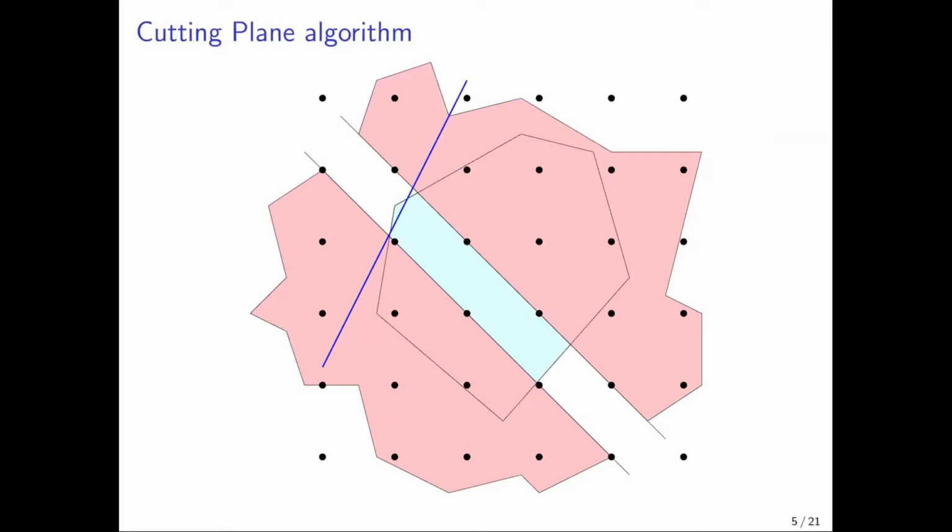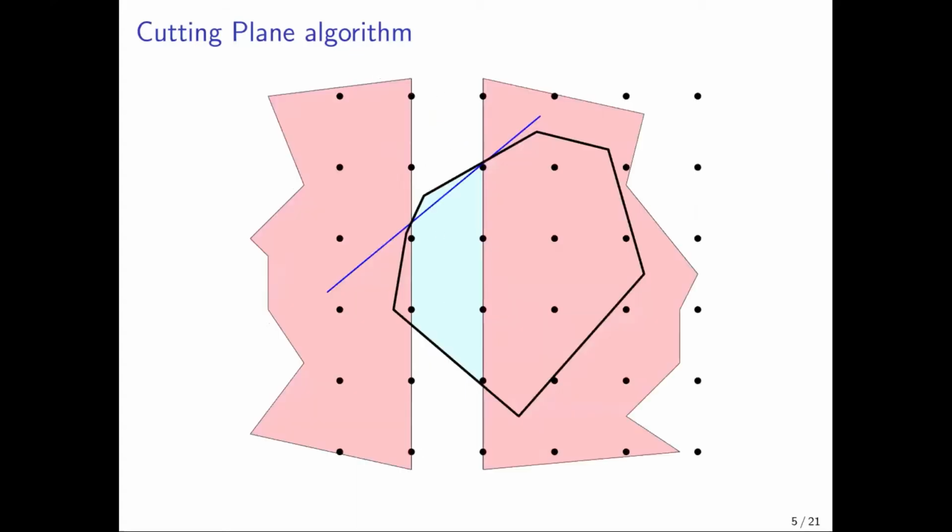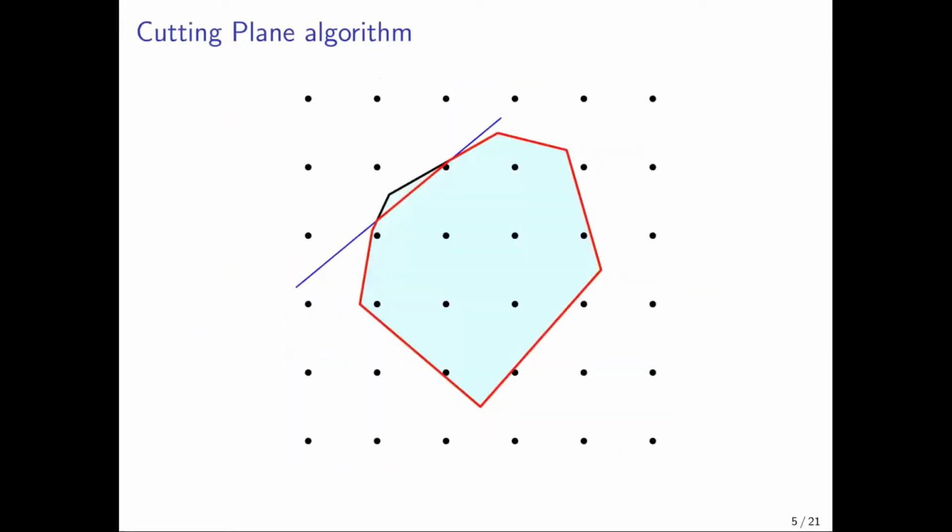Here's an example: that polygon is our convex relaxation, and I'm interested in the pure integer points in the polygon. That blue inequality is a cutting plane. For those of you who are in the know, you can see that it's actually a split cut, derived from a split disjunction. If you don't know what that means, don't worry about it; I'll explain it later. You add that cutting plane and get a tighter convex relaxation, which is this red polygon. And this is another cutting plane that you can add, and you get a tighter relaxation.